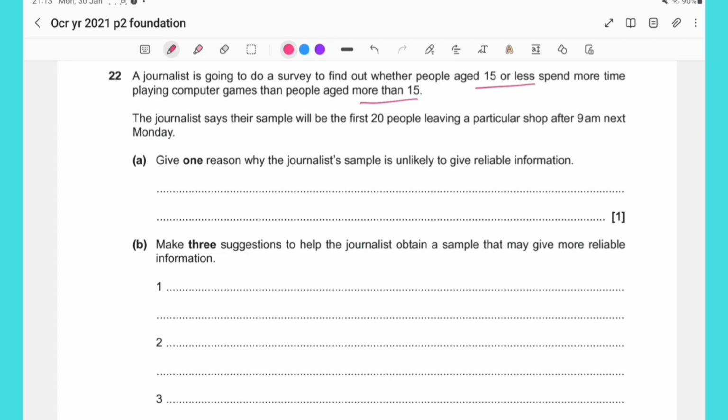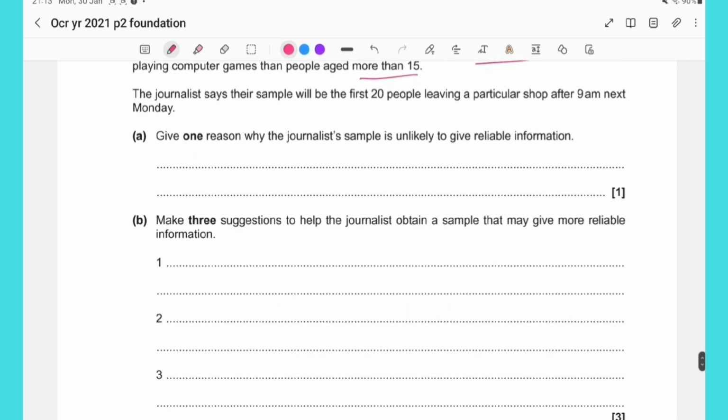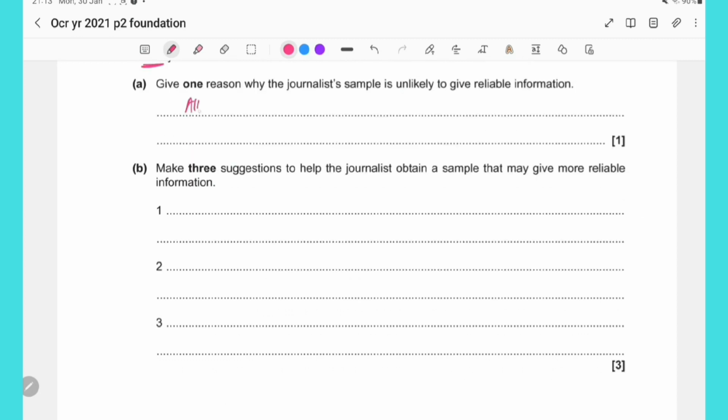So give one reason why the journalist's sample is unlikely to give reliable information. The first thing is all of them could be either adults or all of them could be children. So all of them could be adults.